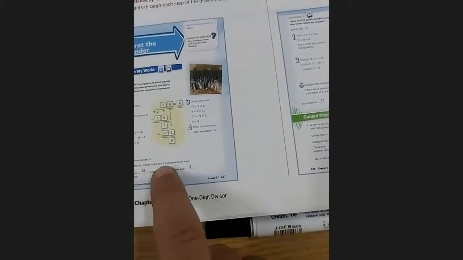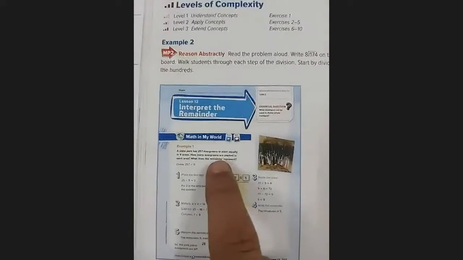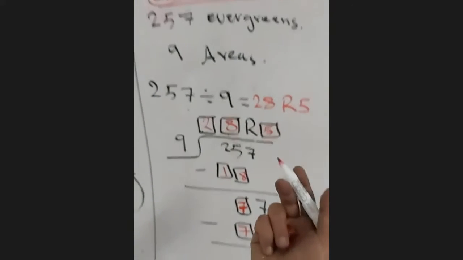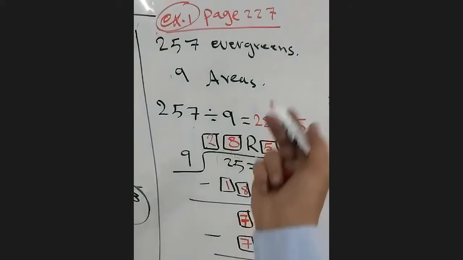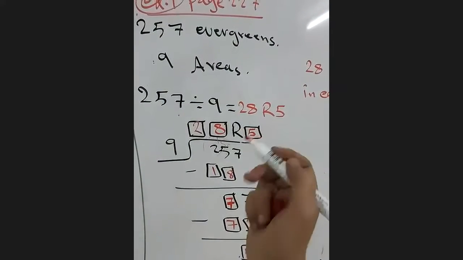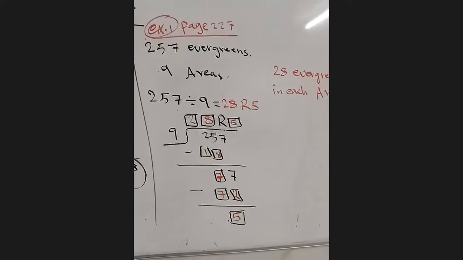It is 5. 5 what? 5 areas? No. The areas are 9, the total of the areas. The remainder is from what? Evergreens.